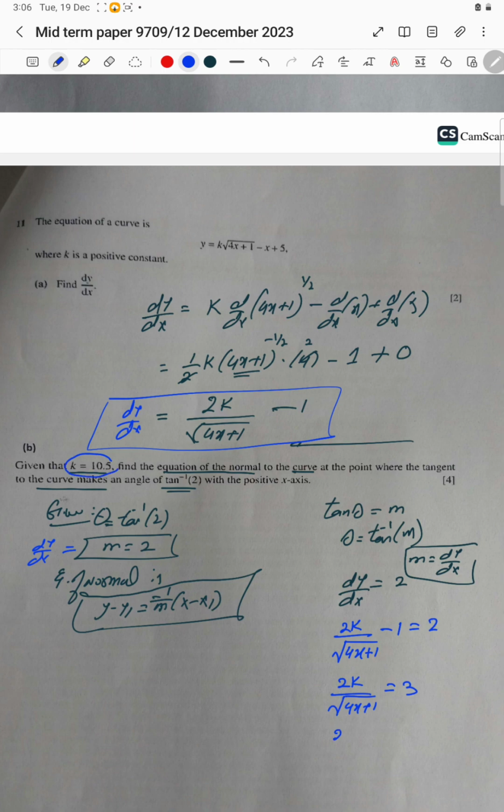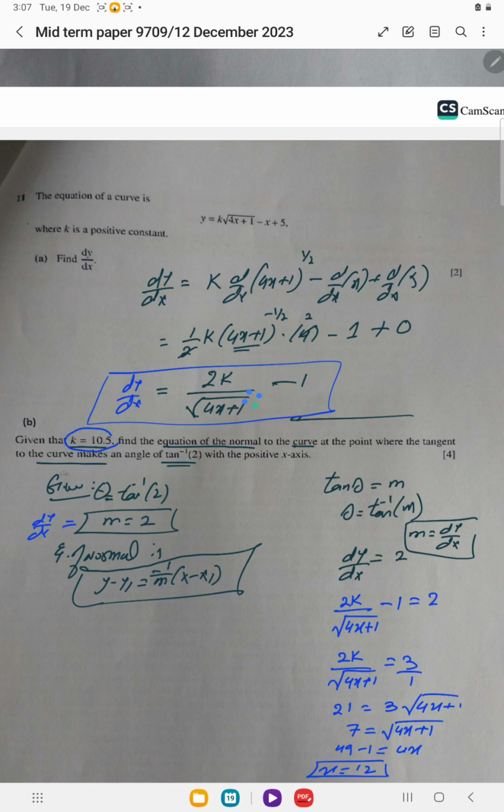So 10.5 times 2 makes 21. After cross multiplication, 21 divided by 3 is 7, equal to square root of 4x plus 1. Squaring, 49 minus 1 is equal to 4x, so 4x is 48, x is equal to 12. So the x coordinate comes to be 12 here.